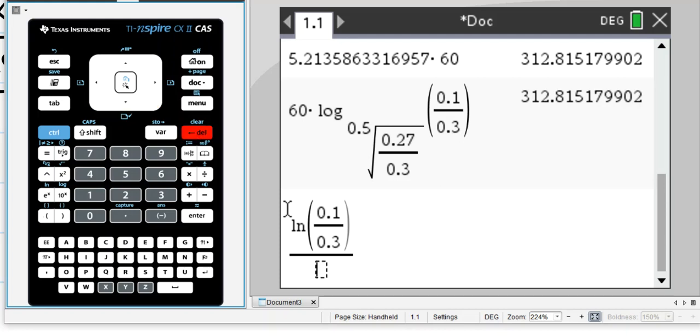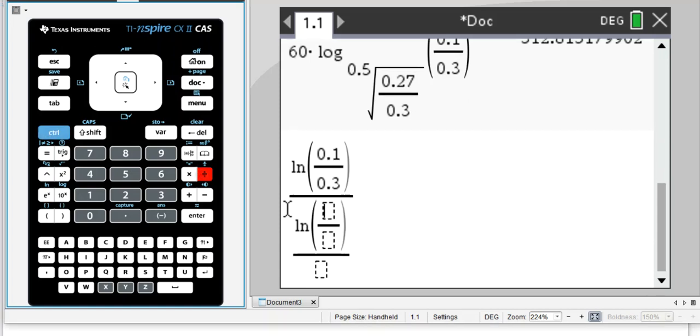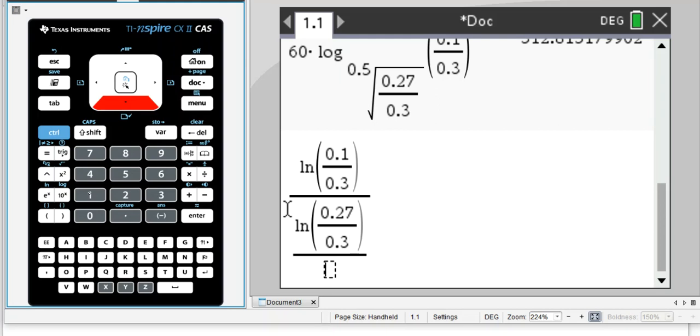Let's see, I don't really need that set of parentheses there, but we want another fraction in the denominator. We want the natural log of one more fraction, 0.27 over 0.3 divided by 0.5.